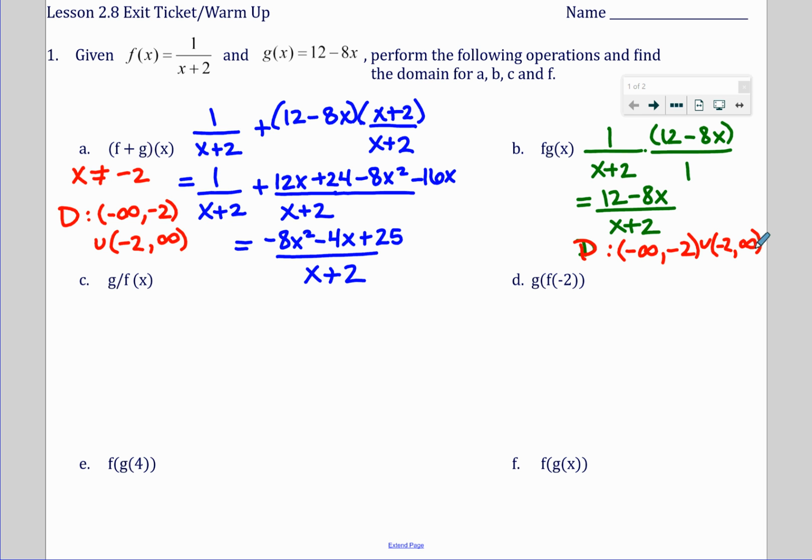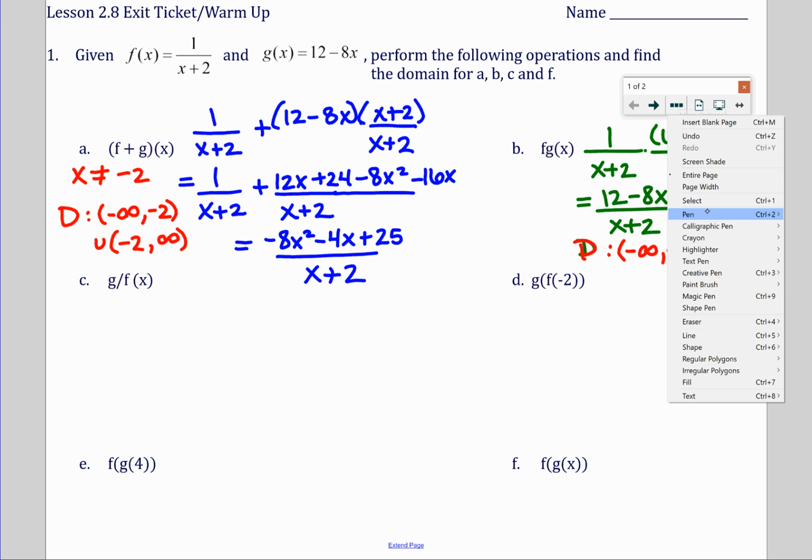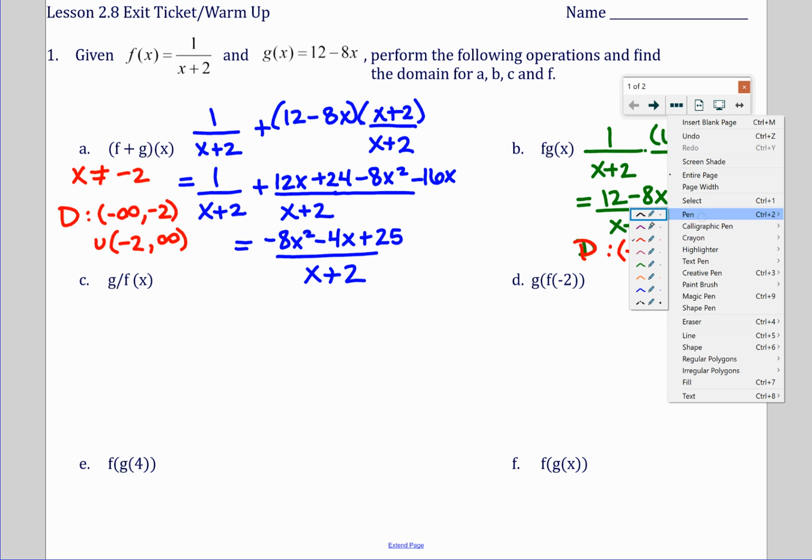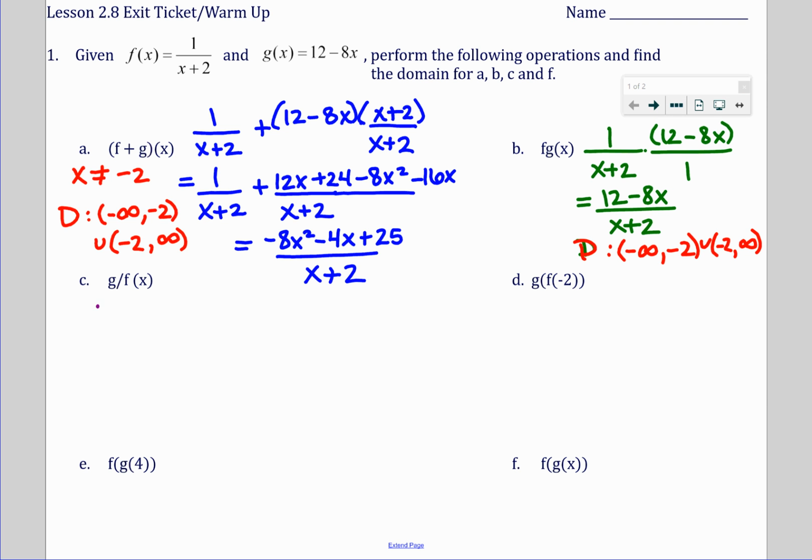Part C, we are dividing. Remember dividing, instead of G divided by F. Why are my colors not flipping there? Let's try that again. There we go. Instead of G divided by F, we can do G times the reciprocal of F, which is going to be a little bit easier. Function G, 12 minus 8x.